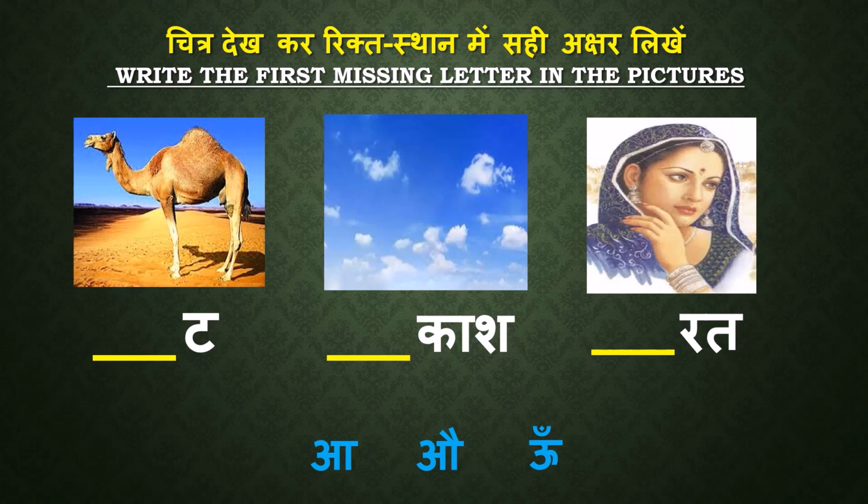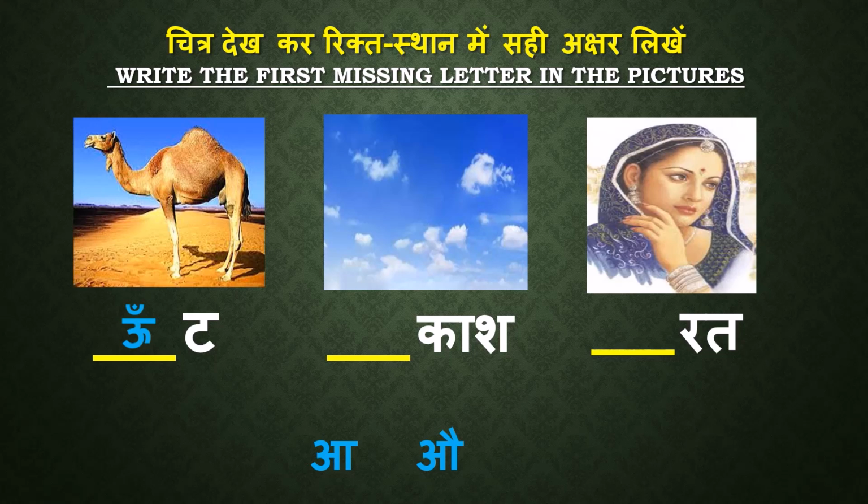Let's begin. The first picture is of a camel. And in Hindi, camel is known as, correct, Oot. Therefore, which letter will be coming here? This. Oo. Oot. Likewise, the second picture is of the sky, and in Hindi we call sky Akash.